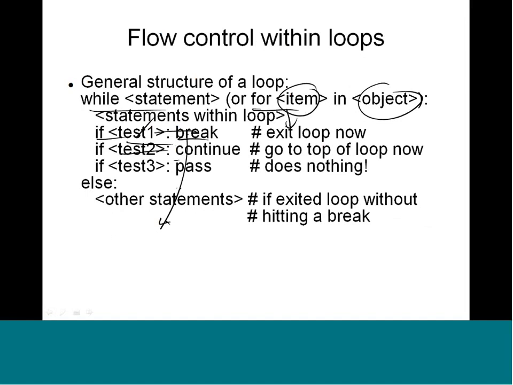Now test 2 is a continue, so when test 2 passes, it goes back to the top of the loop. And then we also use a pass statement, which is test 3. When test 3 is true, it does nothing, and control goes to the next. So here it's actually an else condition.